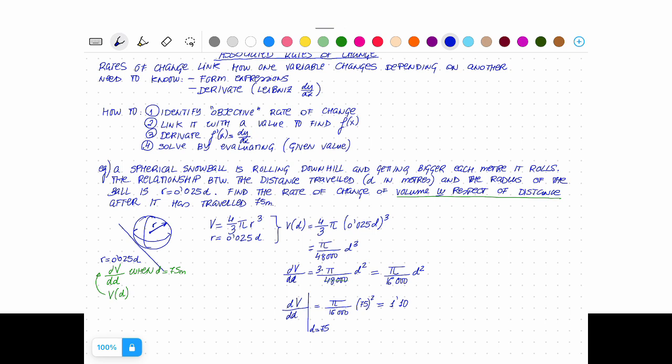And now what about the units? Volume, it's meters cubed. Every distance, which is meters. So this is telling me that for every meter that it advances at that point, the volume increases by 1.110. And that is my related rate of change. So we box it, we're done.